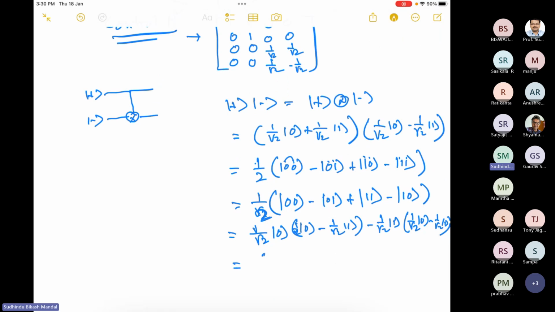So we have a state 1 by root 2 0 minus 1 by root 2 1, and tensor product with 1 by root 2 0 minus 1 by root 2 1. So what is that state? State is minus and minus.